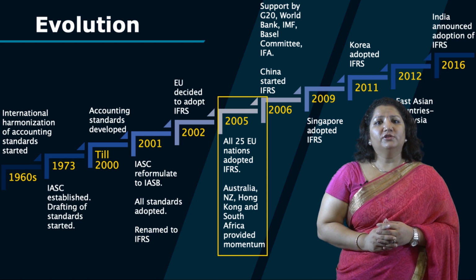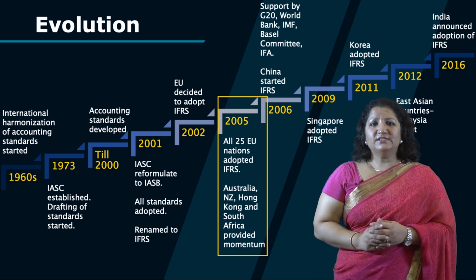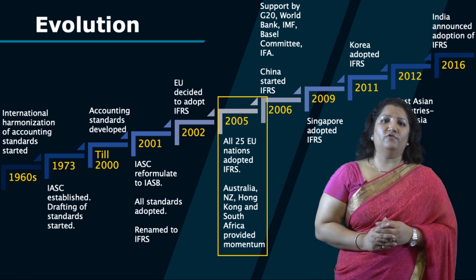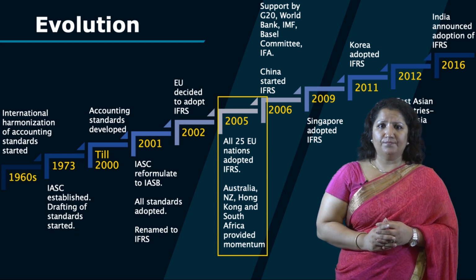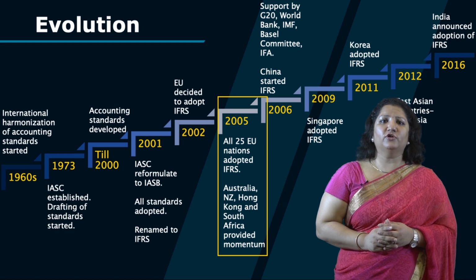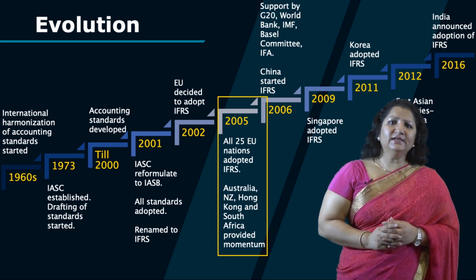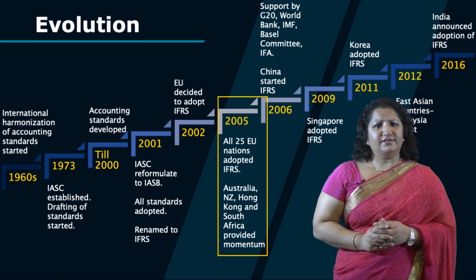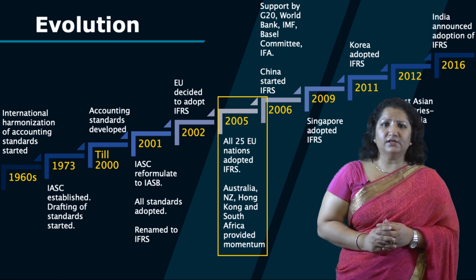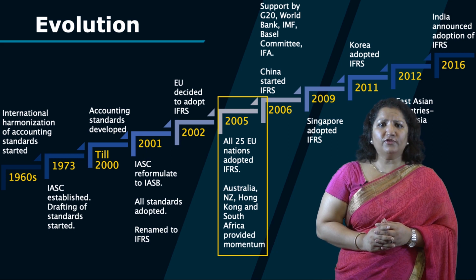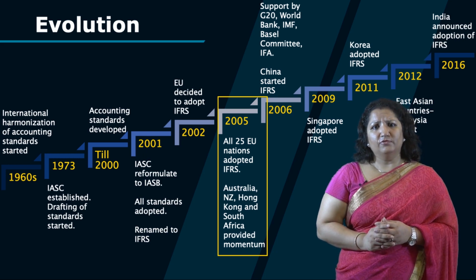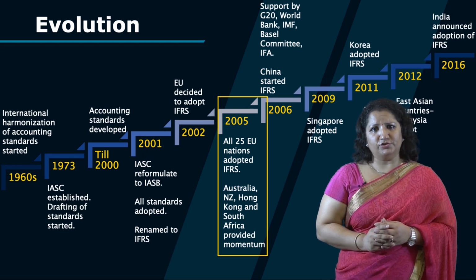IFRS provided the European members with a ready-made, high-quality set of accounting standards, which, by and large, replaced the existing 25 conflicting national accounting standards. Similarly, adoption of IFRS by Australia, New Zealand, Hong Kong, and South Africa provided momentum for their worldwide adoption.